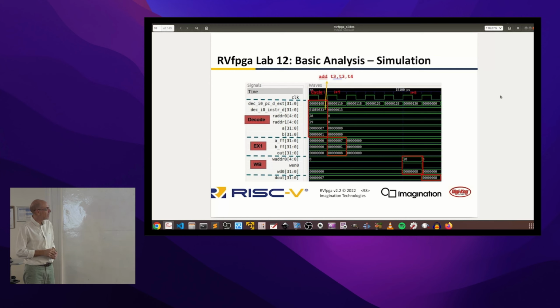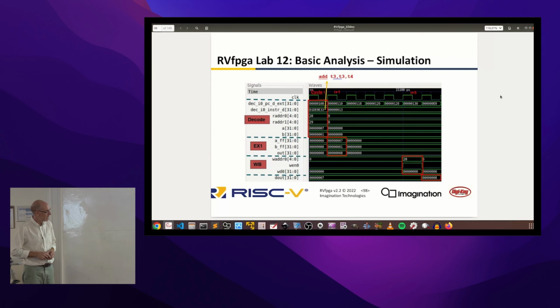So this would be the decode stage, right? In the next cycle, the first execution stage, we can see that the ALU is adding 7 plus 1, obtaining 8 as a result. This value is propagated until the write-back stage, where the enable signal for writing in register 28 is enabled.